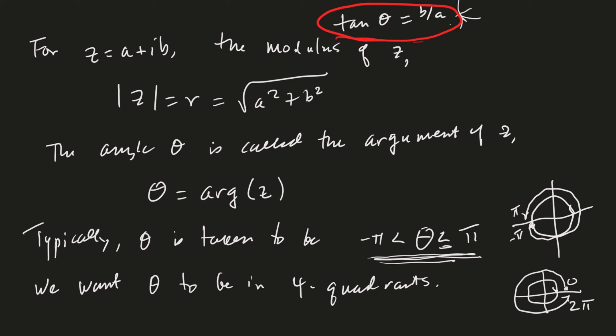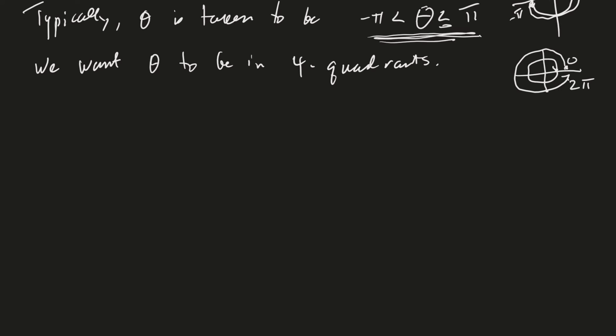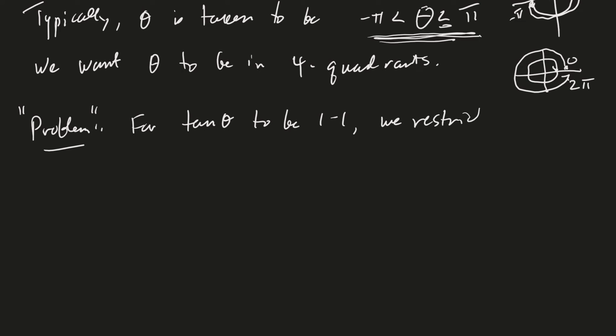And that's because, just as a reminder, for tangent of theta to be 1 to 1, right, we restrict the domain to theta being between minus pi over 2 and pi over 2. And so that's a bit of a problem, right?